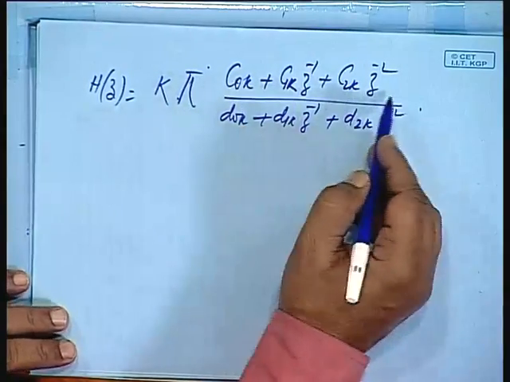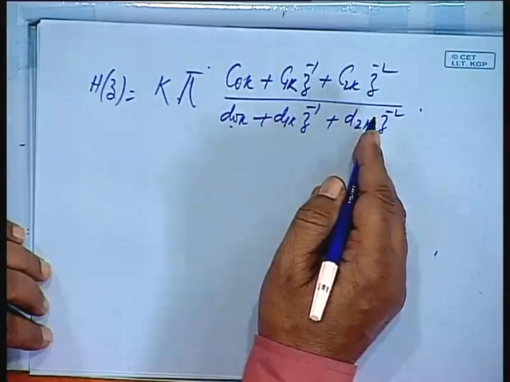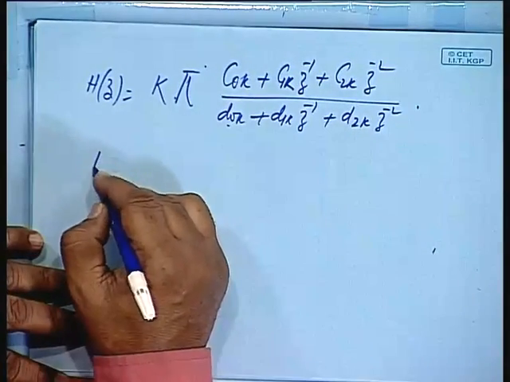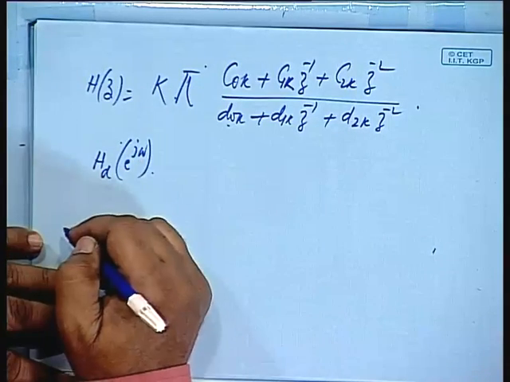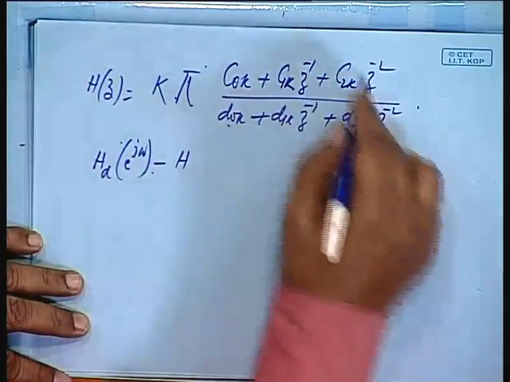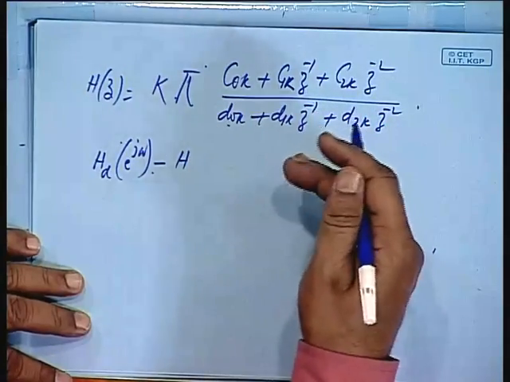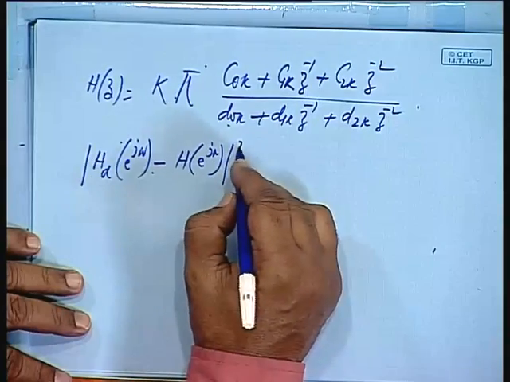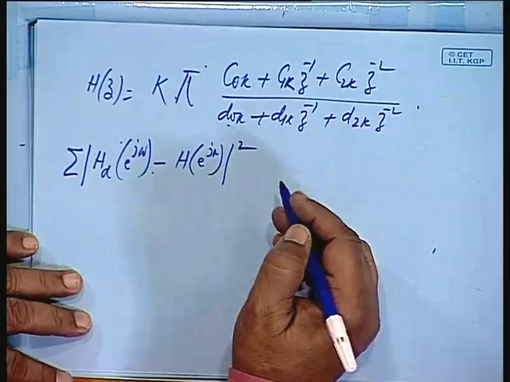You assume some values of these coefficients to start with, then find out from the given specification H desired minus H that you are using for improving in successive iterations. So, I will just write |H(e^jω)| squared summated over the entire frequency range.